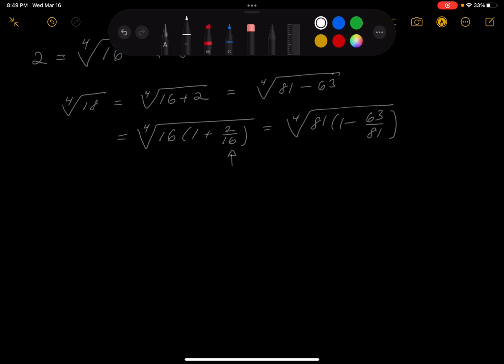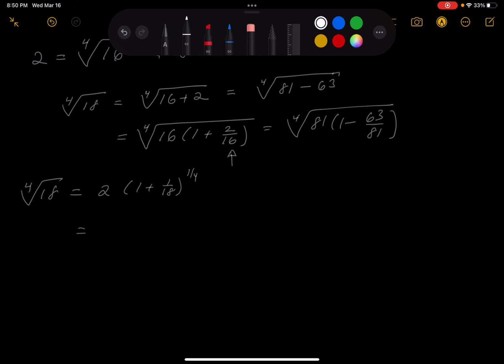So let's write this down. The fourth root of 18, well, the fourth root of 16 is 2, and then I'm going to be left with this over here, which is 2 plus, well, 2 sixteenths is just 1/8, and I'm raising it to the 1/4 power. And what am I going to do now? I'm going to do my expansion, the expansion that we've come to know over time by practice.